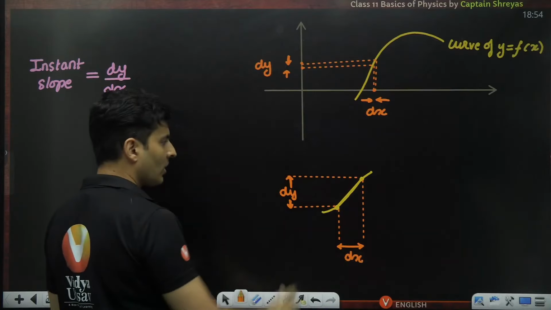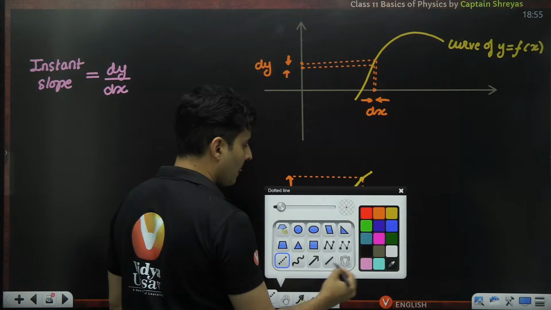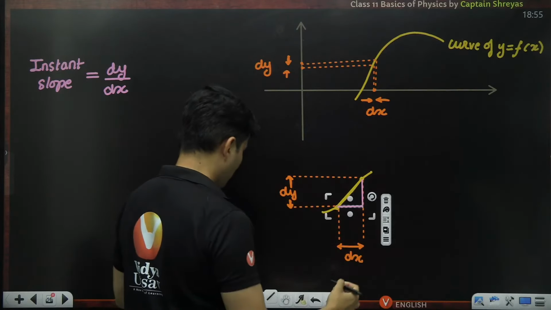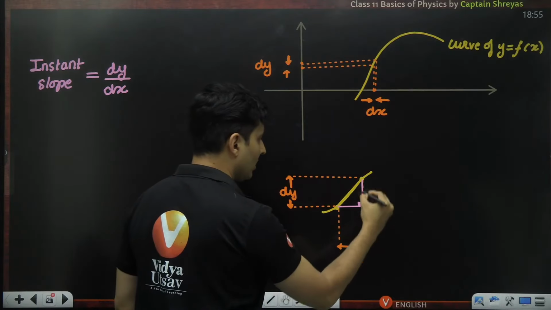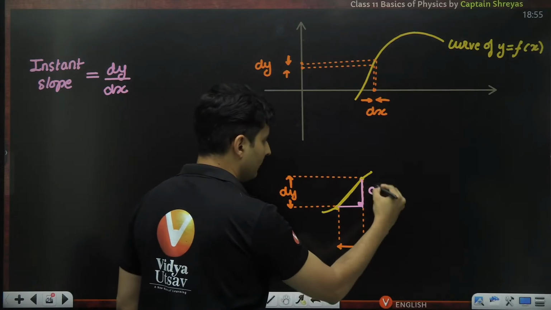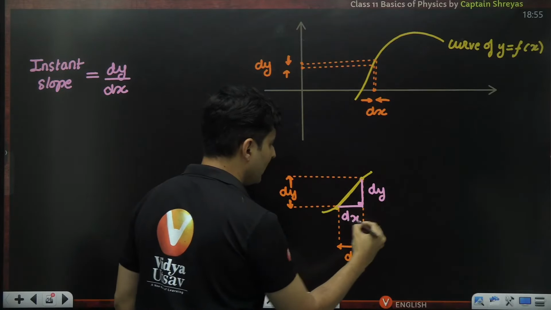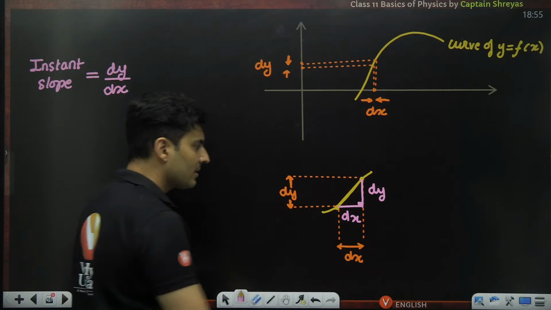This was dy, this was dx. How about constructing a triangle, a beautiful right angled triangle? So the height of this triangle will be dy and the base of this triangle will be dx.